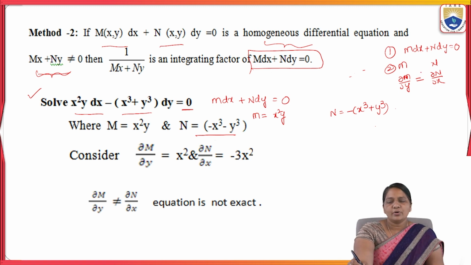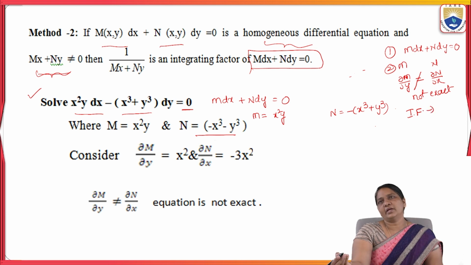Here dou M by dou y is not equal to dou N by dou x, that means this is not an exact equation. So we calculate the integrating factor based on the method, which will be multiplied with the given equation to convert it into an exact equation.